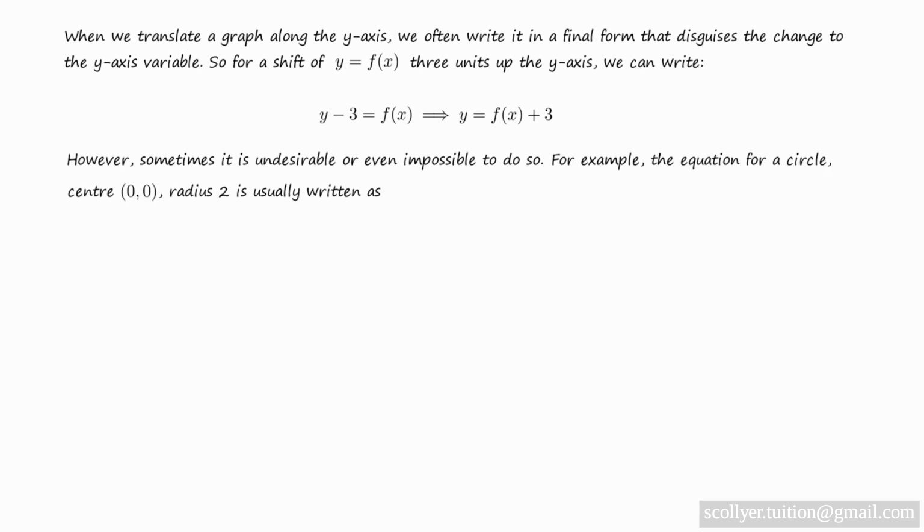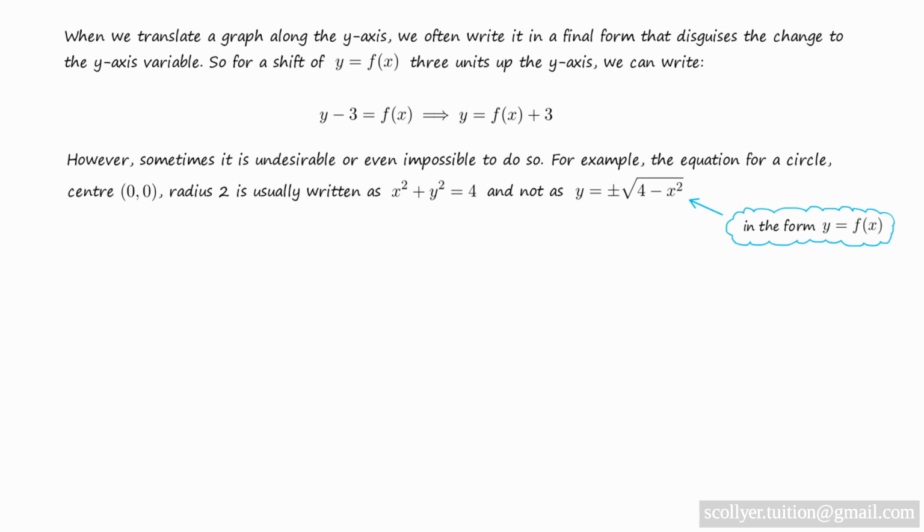So for example, the equation for a circle centre the origin with radius 2 is usually written as x squared plus y squared equals 4, and not as y equals plus or minus the square root of 4 minus x squared, where we have attempted to write the equation in the form y equals f of x.